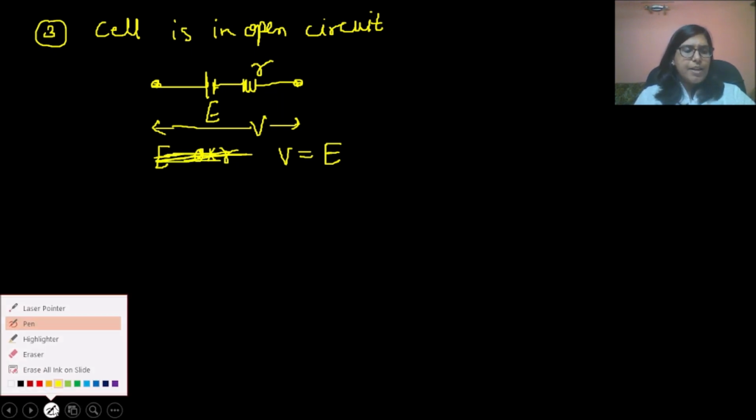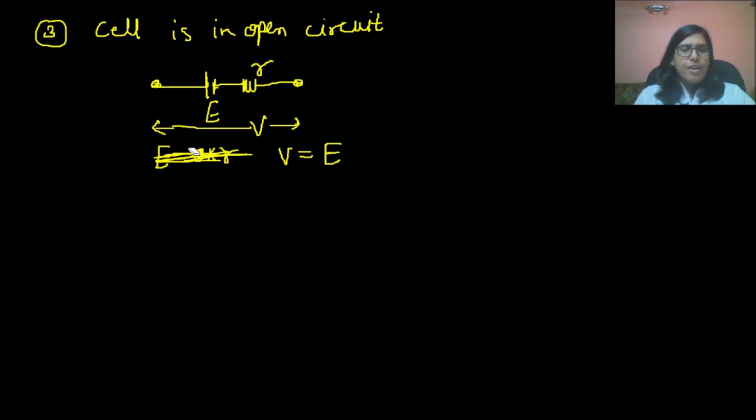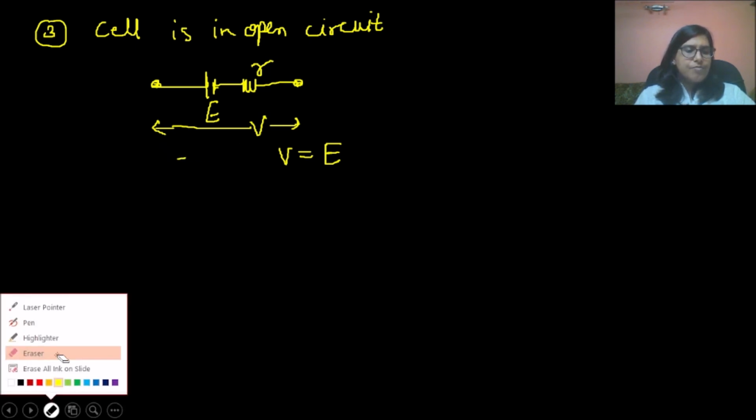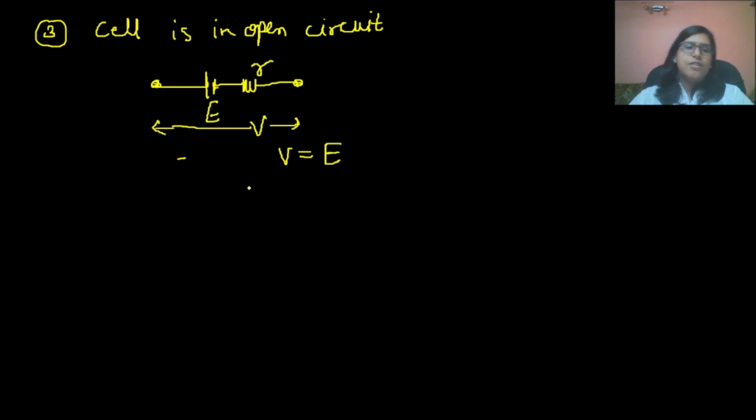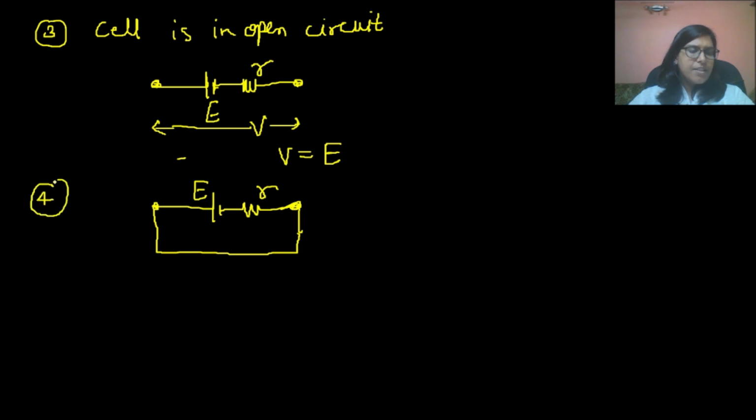Or we can say, if we connect a wire across this cell like this, so this condition means the cell is short circuit.